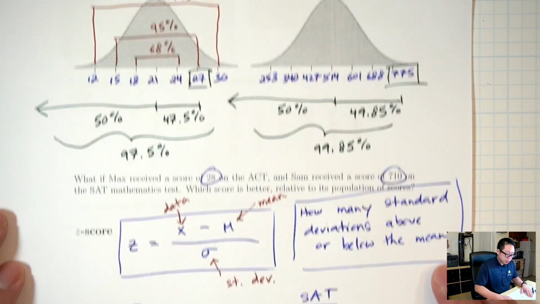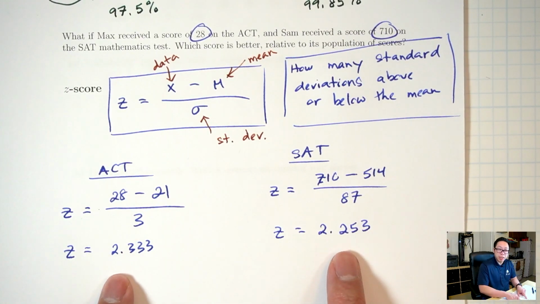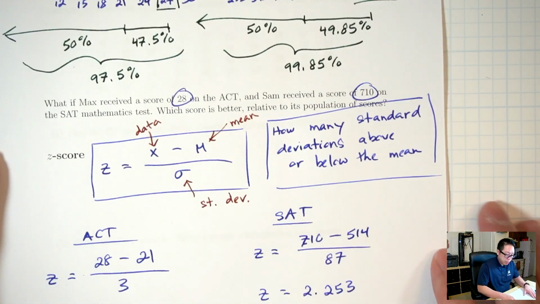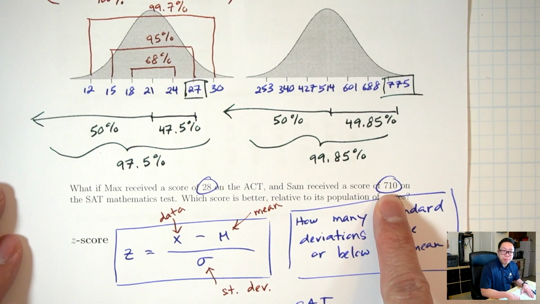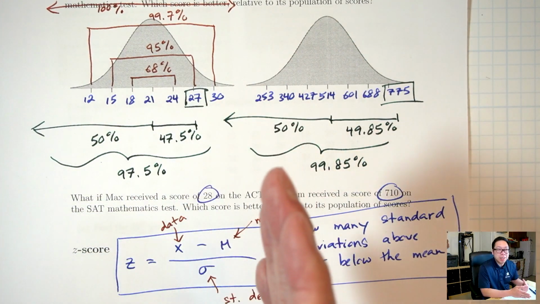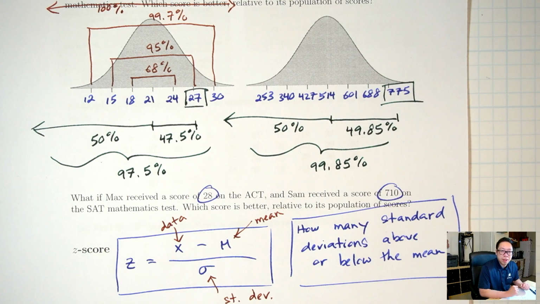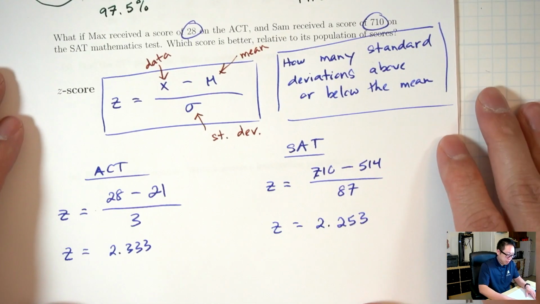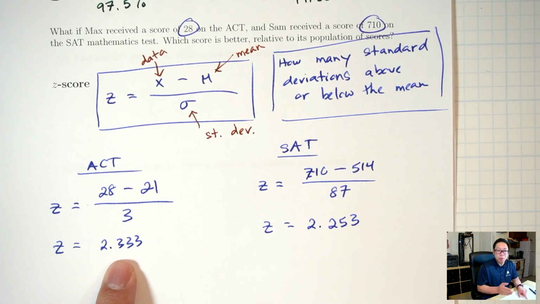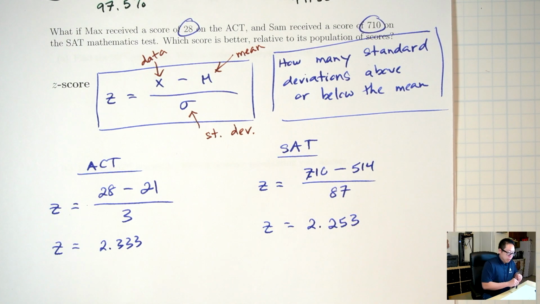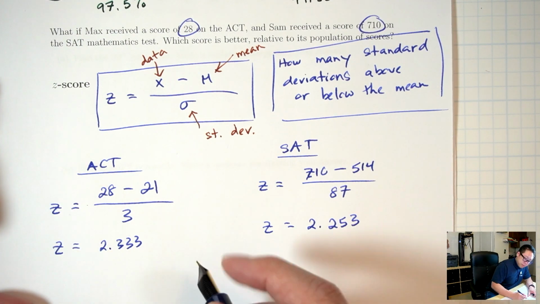We're saying that the 28 is actually slightly more to the right than the 710, right? So if you're slightly more to the right, you beat slightly more people than 710, which means the 28 is going to be better, right? Because it's slightly more to the right than the 2.253. So the ACT is better.